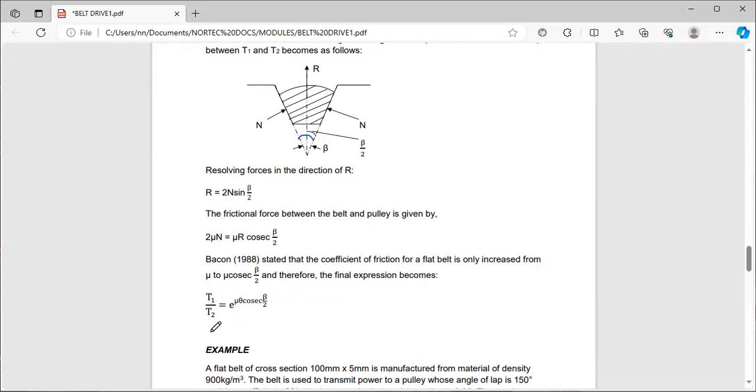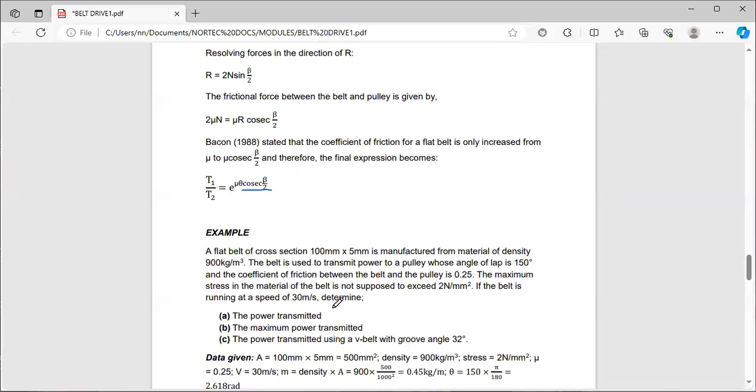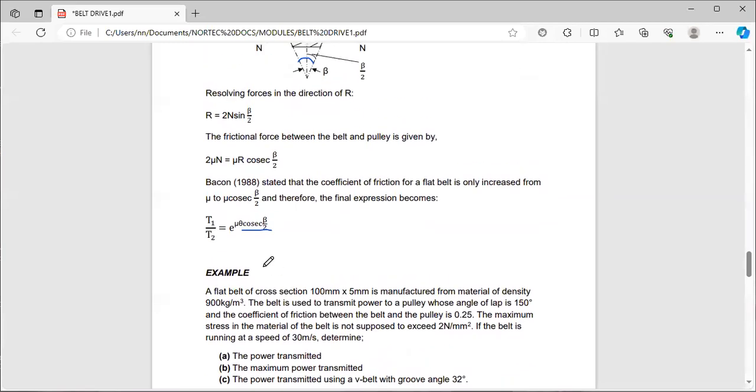The ratio between T1 and T2 is given by e raised to power mu theta cosec beta over 2, where beta is the groove angle, divided by 2. When we say cosec, we're referring to 1 over sine. Cosec beta refers to 1 over sine beta.